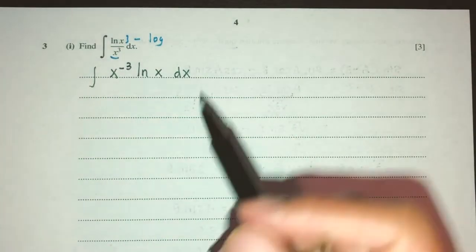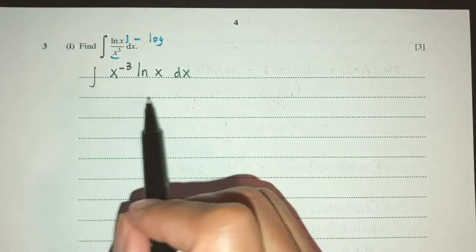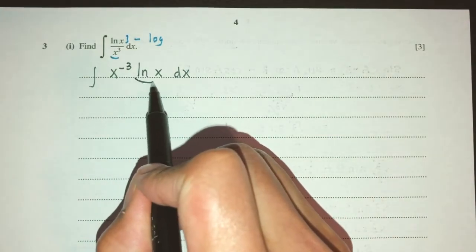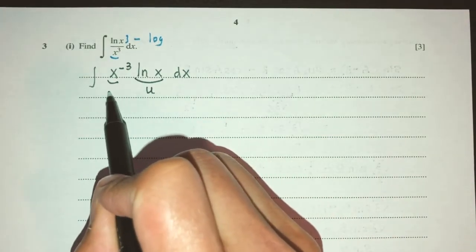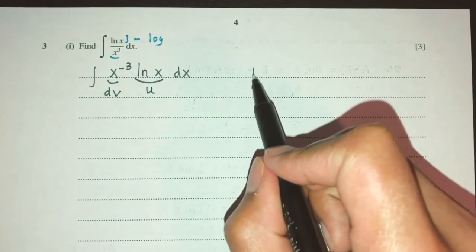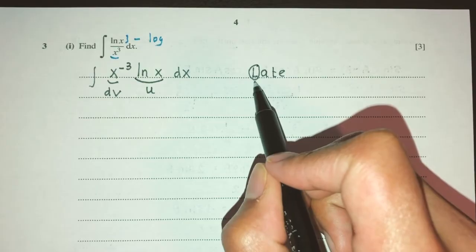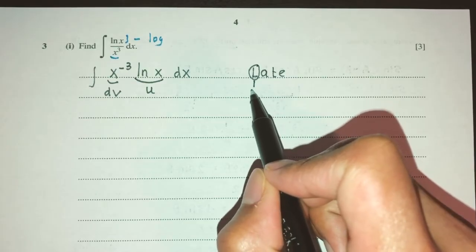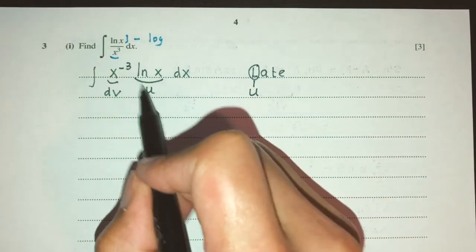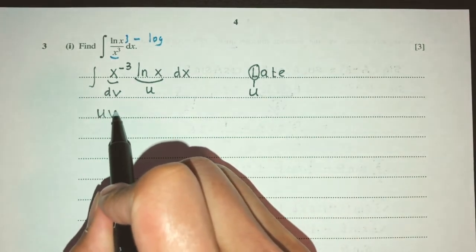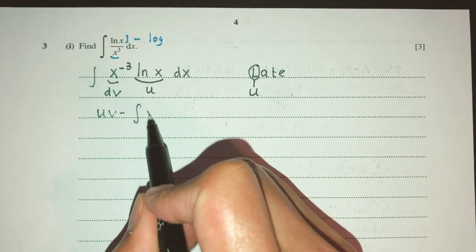Now, whenever you have a logarithm in the by-parts equation, this has to be u, and this will be dv, because we follow the rule of LATE. L, the logarithm, always comes first, and whatever comes first is assigned to u. The formula is usually uv minus the integration of v du.